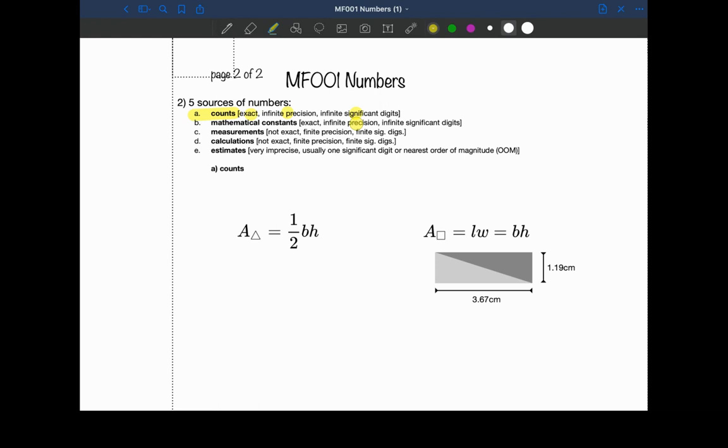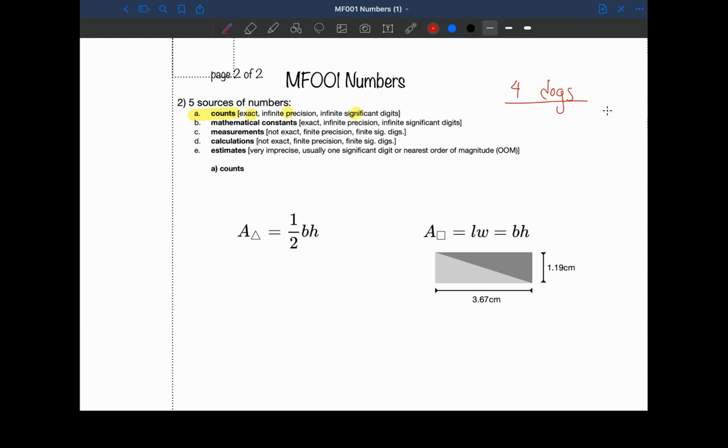If someone said they counted 4 dogs, that number 4 for the 4 dogs has infinite precision. The number of significant digits is infinity. There is no uncertainty about that number.